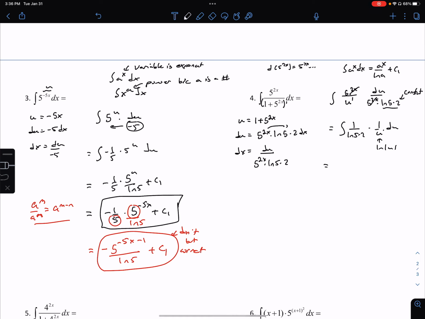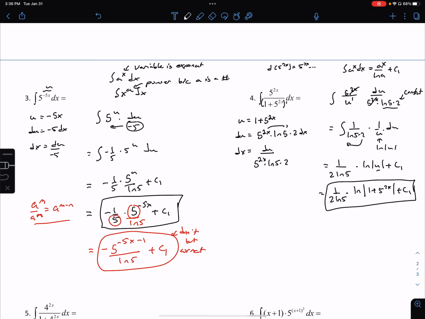So my antiderivative will be 1 over, and I'm going to put my 2 in the front here, 2 natural log of 5, the natural log of u plus c1. That is it. That's our answer. Don't do anything else to it. So we get our answer, 1 over 2 natural log of 5, just replace the u, which we said was 1 plus 5 to the 2x, plus your constant of integration, and there's our answer there.